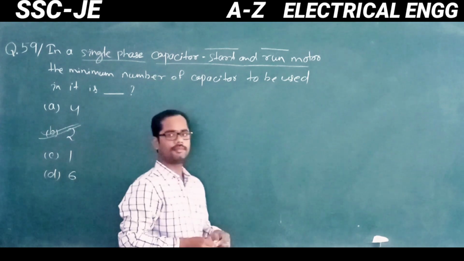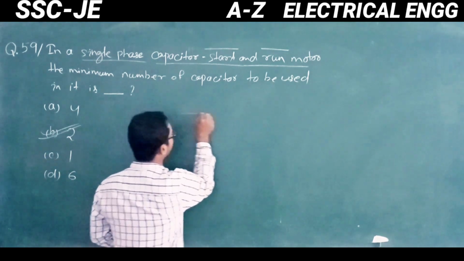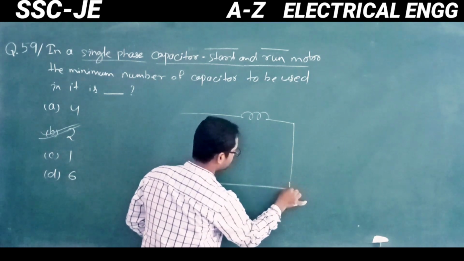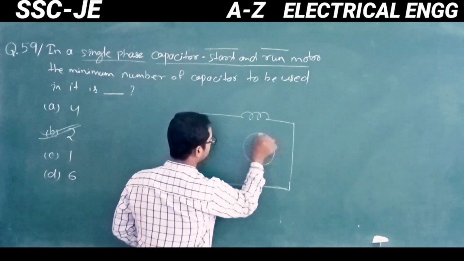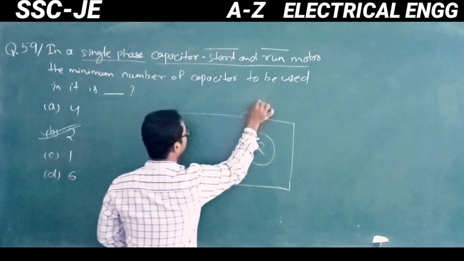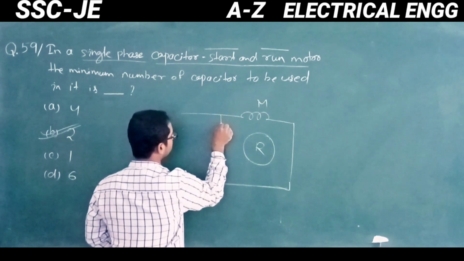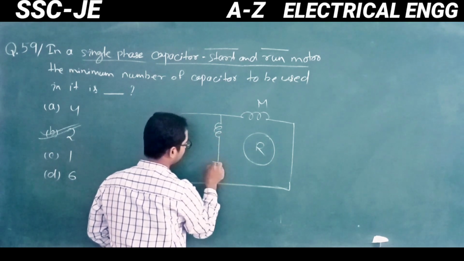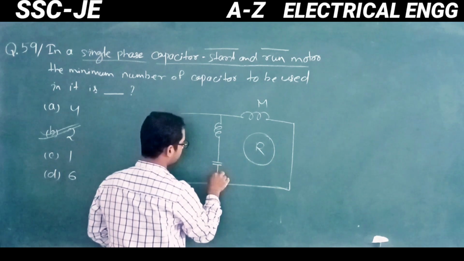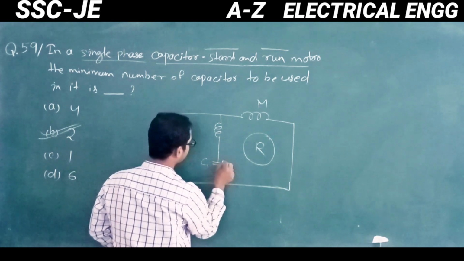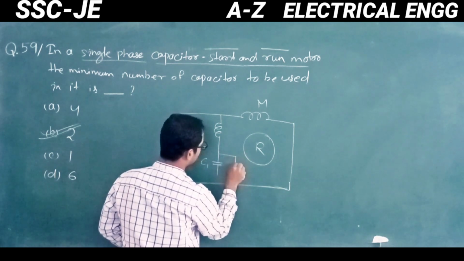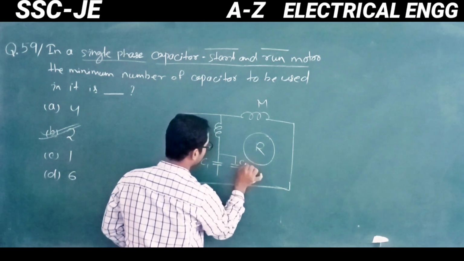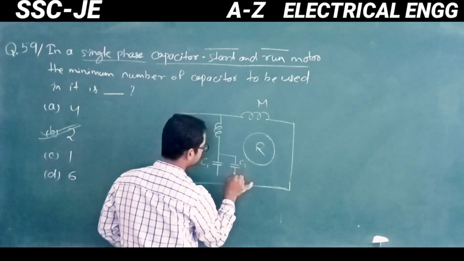But with the diagram, we have to remember that. So this is the basic diagram. This is the main winding, this is the starting winding, and with the starting winding one capacitor is present. This is C1, and another capacitor is present, C2, with a centrifugal switch.